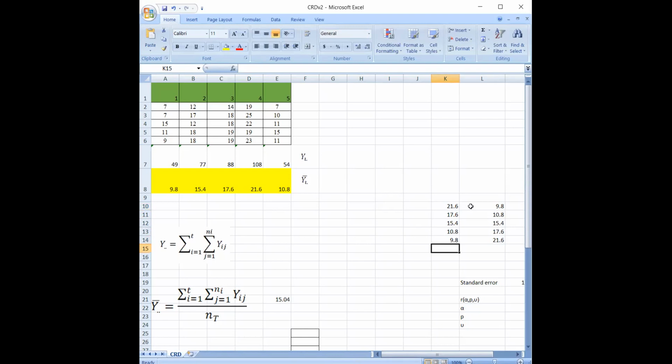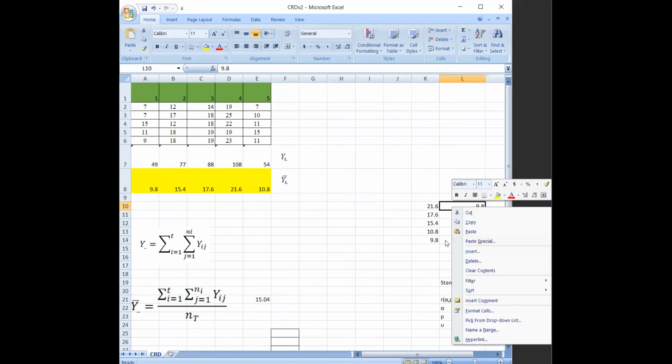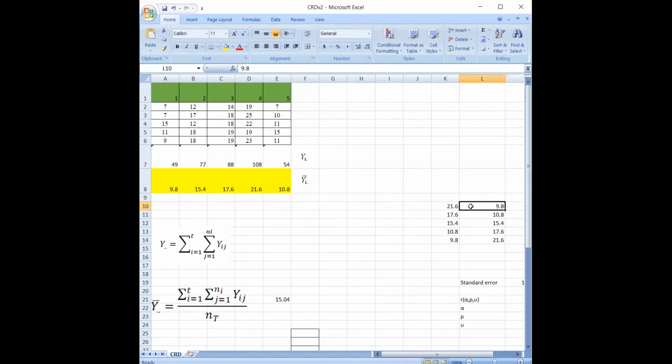When you are doing this manually, this is how you have to do it. You arrange them from largest to smallest. Here I will just put the rank of these means: 1, 2, 3, 4, and 5.